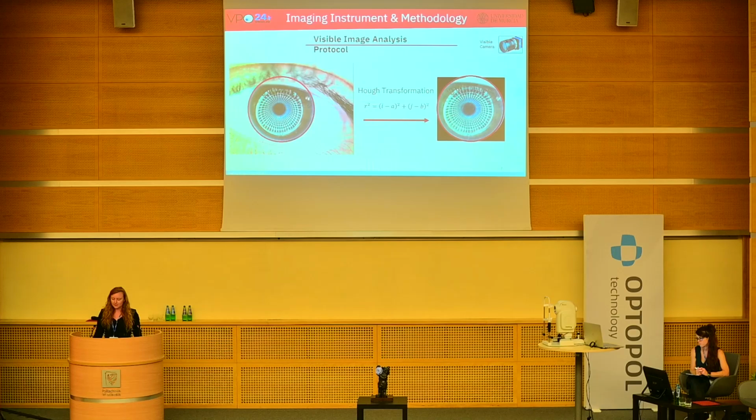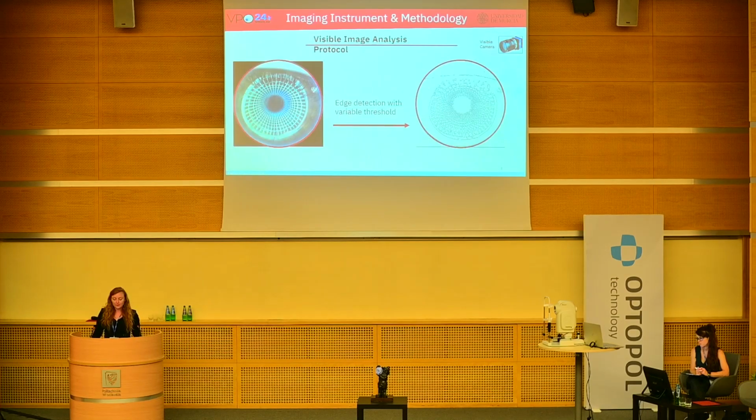After this detection, the region is cropped out of the original raw images. The next step is edge detection. In this case, we used a Canny edge detection algorithm to capture the grid-like pattern of the placido disc, and the threshold of this algorithm is adjustable to achieve well-defined edges.